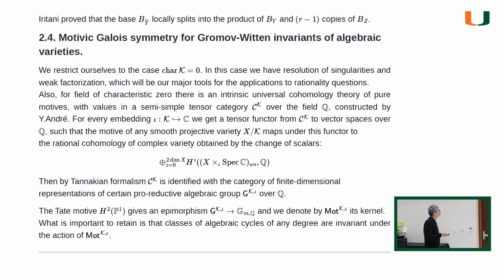I said this is a thing constructed by André, but in fact it's an extremely cheap construction. It uses really nothing. No knowledge of algebraic geometry is needed. You need only know the Lefschetz decomposition for Kähler manifolds, and that's it. I can tell you in words how one can describe this category in plain terms.